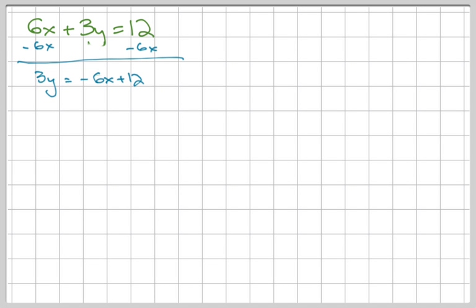And then the next step would be to do what? Divide everything by 3. Y equals -2x plus 4.